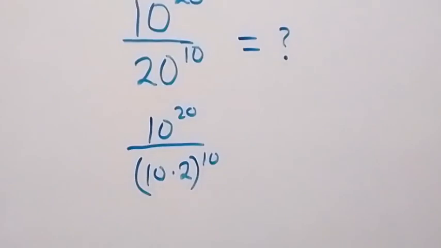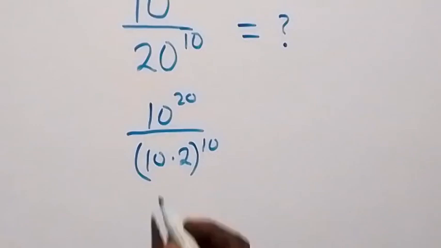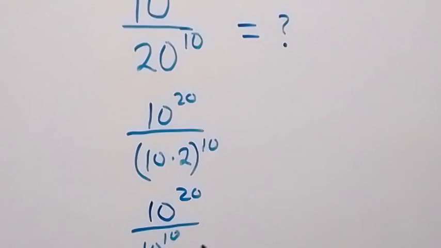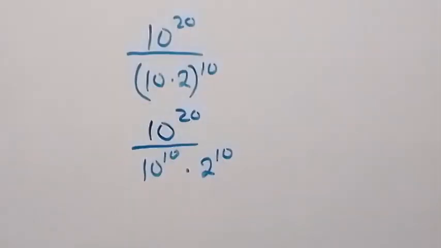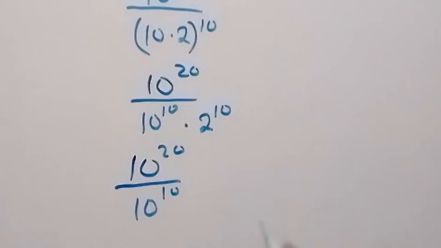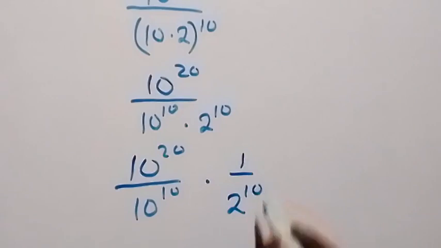And here also, when we reverse the law of indices, this gives us 10 raised to power 20 over 10 raised to power 10, then 2 raised to power 10. And from here, this we can separate as 10 raised to power 20 over 10 raised to power 10, then multiply by 1 over 2 raised to power 10.